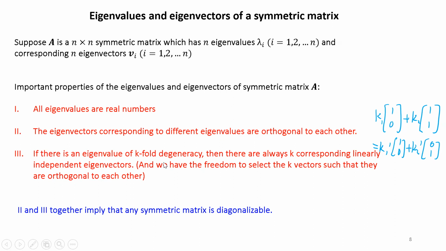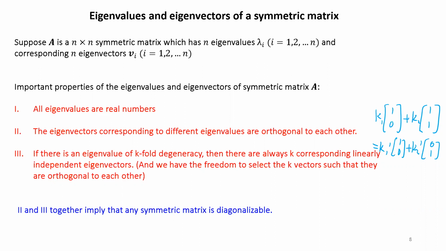But first, if you just consider the overall picture here, properties 2 and 3 really are telling you that there are always n linearly independent eigenvectors.